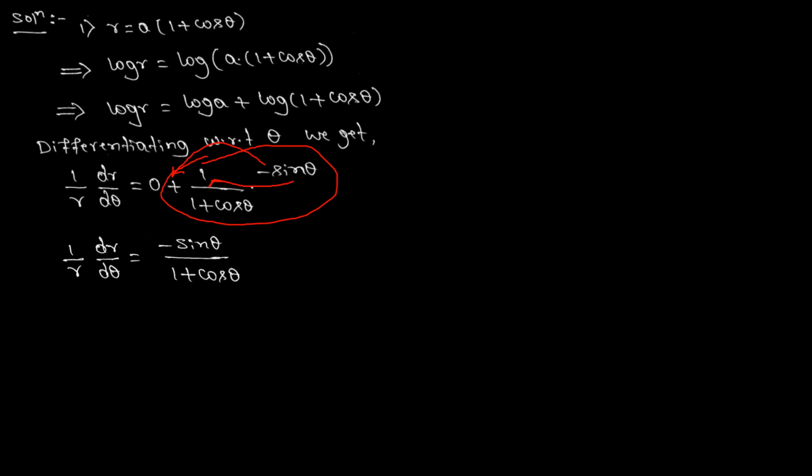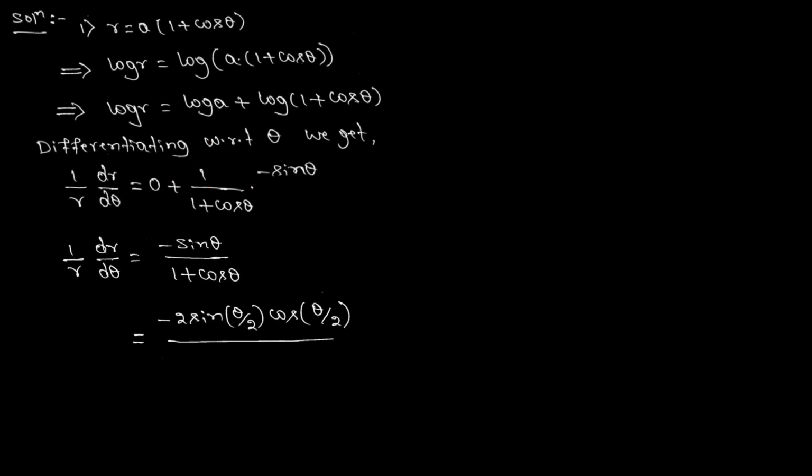Let us simplify this further. We can write sin theta as 2 sin theta by 2 into cos theta by 2 by using the trigonometrical identity, and we use one more trigonometrical identity in the denominator: 1 plus cos theta is 2 cos square theta by 2.